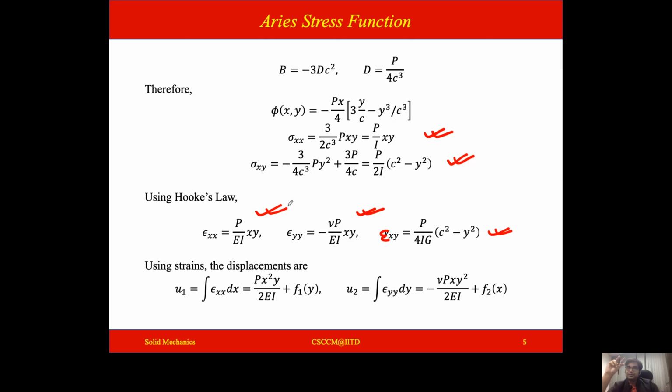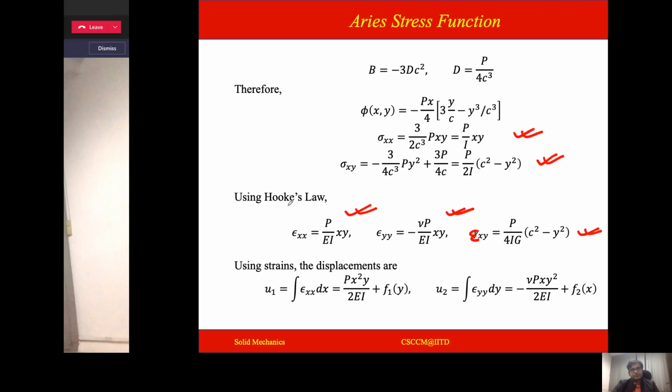That we will continue in our next lecture. So I will stop here. This is not complete. We have computed up to the stresses and strains. What is remaining is the displacement, and that we will continue in the next lecture. So I will stop here, and then we will meet again in the next lecture. So thank you.